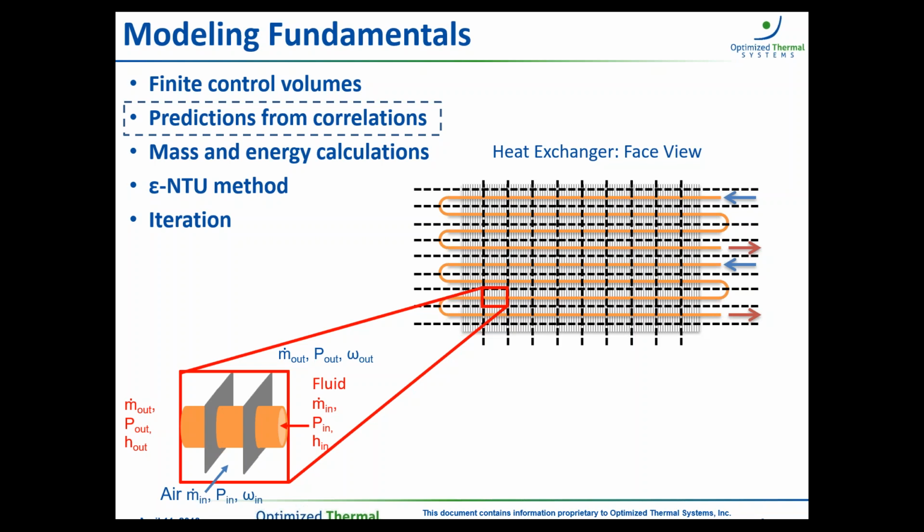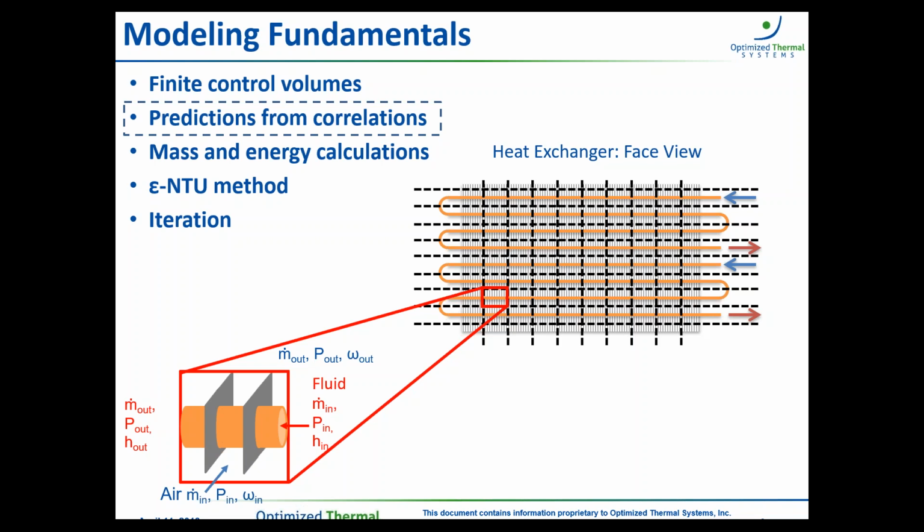And when we take this approach, we have the susceptibility to some uncertainty just due to the fitting of those correlations and some of the differences between heat exchangers that may have been tested empirically in the past compared to the actual values that we would experience with our particular heat exchanger.